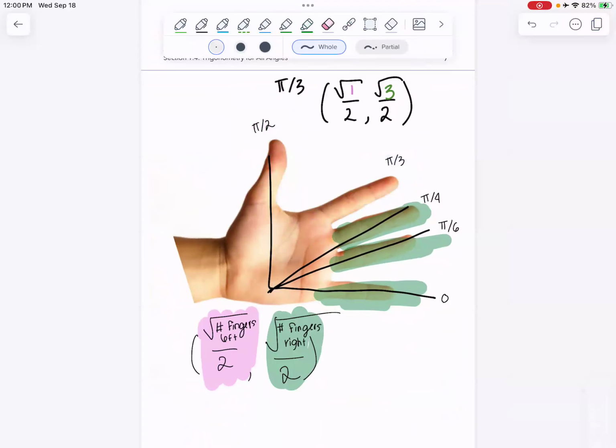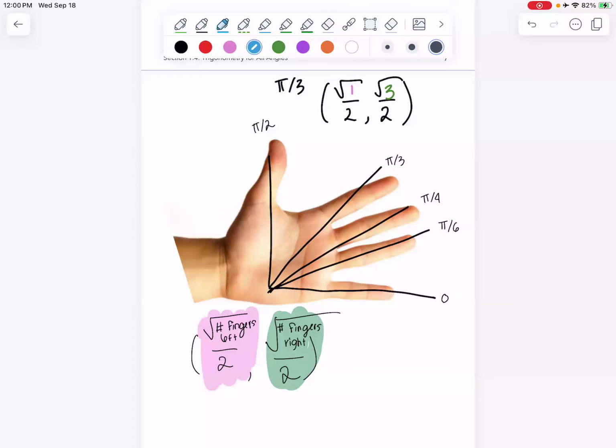So if I just erase all of those, let's look at pi over 6. If we put down the pi over 6 finger, we know all of them turn out to be square root of something over 2, comma, square root of something over 2.